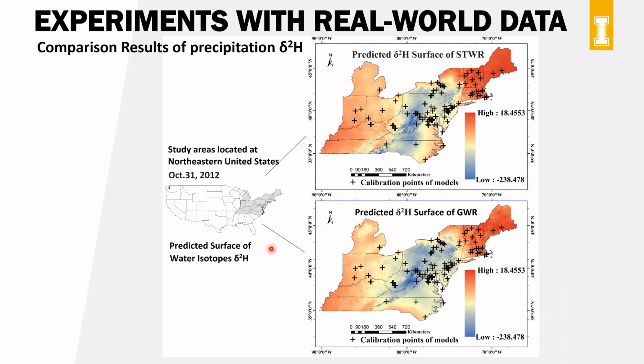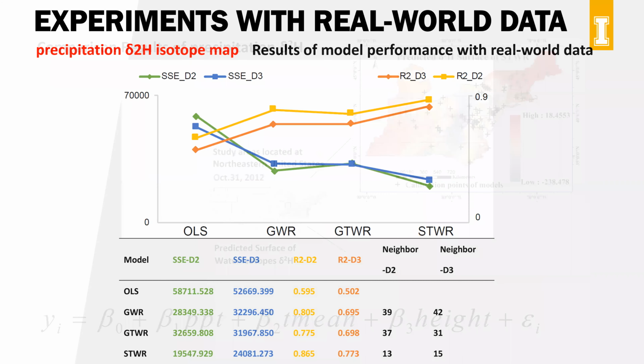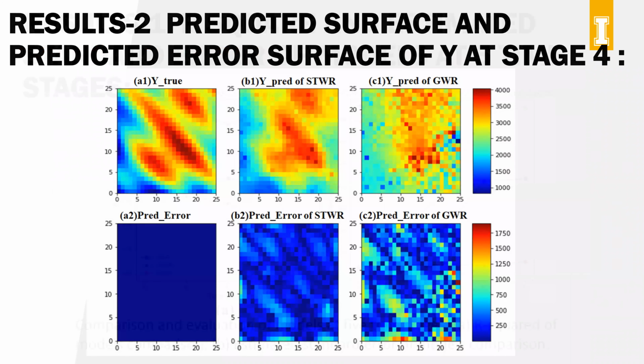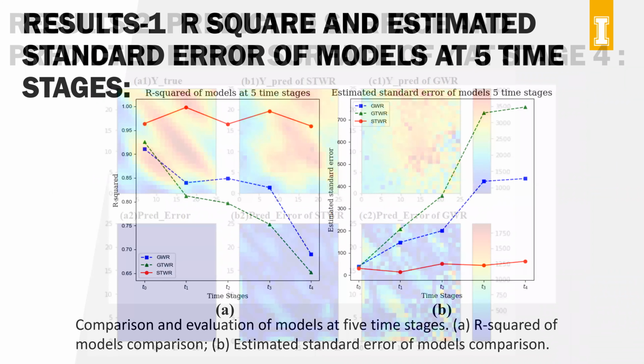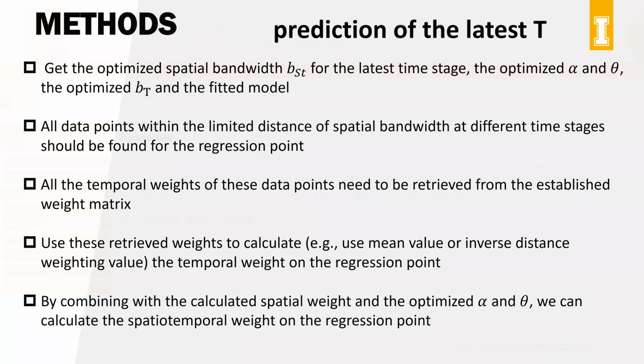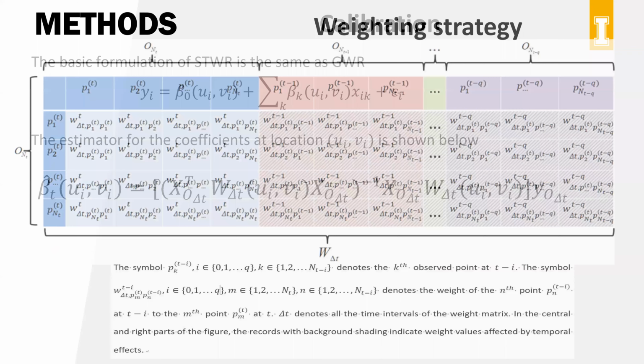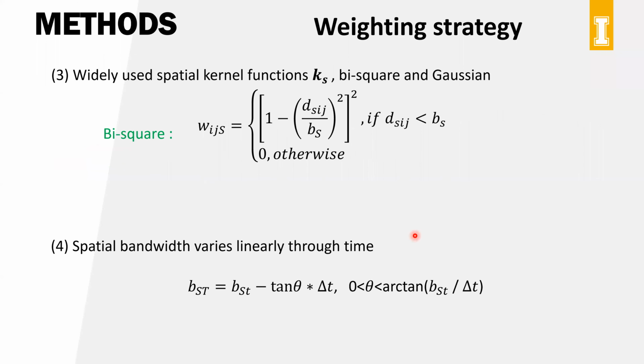Thanks, that's a good question. I didn't show the detailed difference. The main difference is how we treat the time distance, the time kernel.